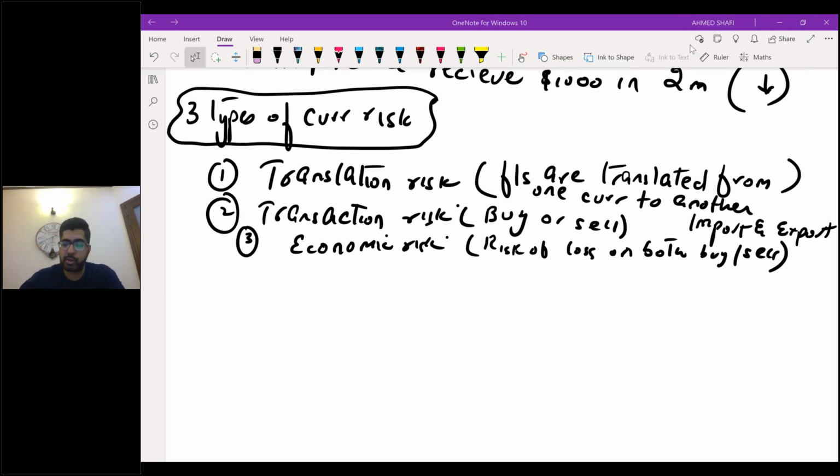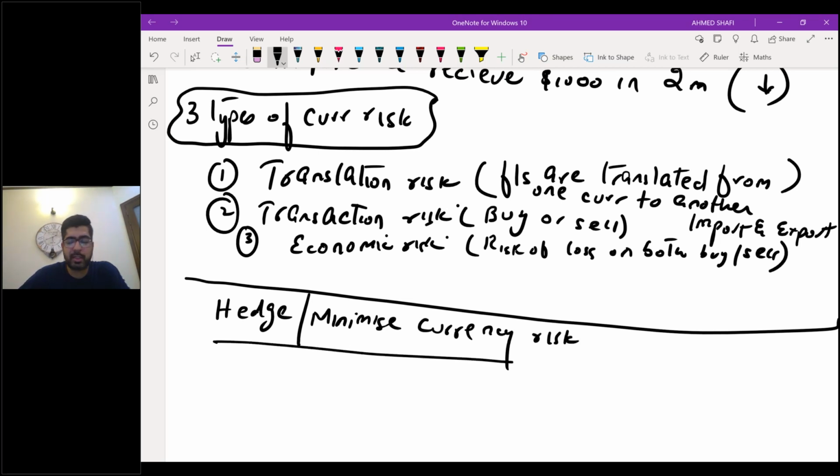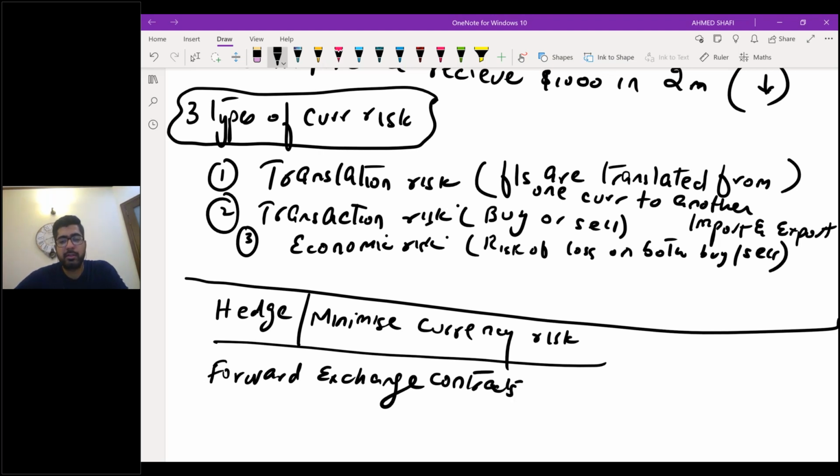Now, if a person wants to hedge or minimize currency risk, the commonly used techniques in the exam are forward exchange contracts and money market hedging.